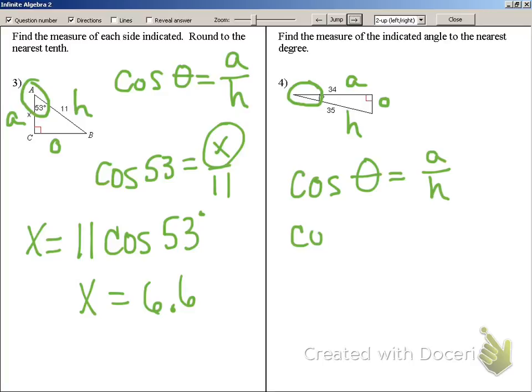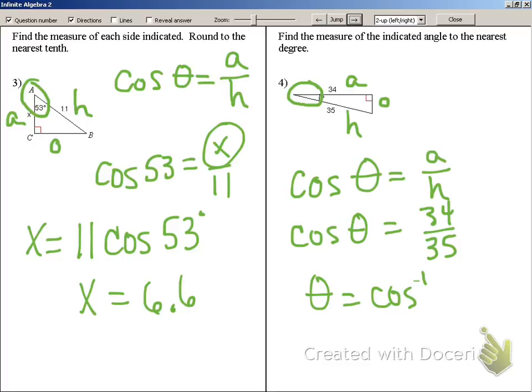So we're looking for theta in this case. 34 over h, which is 35. Remember, anytime you are solving for an angle or solving for theta, theta will equal the inverse cosine of that decimal number when we divide the fraction.